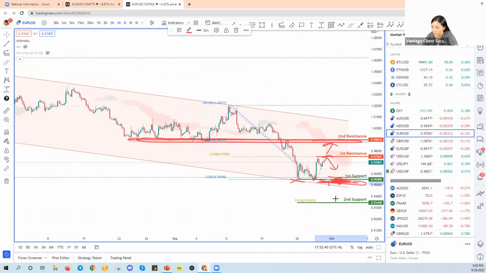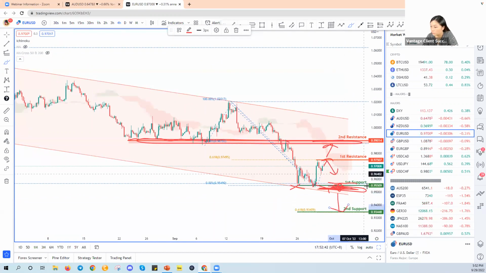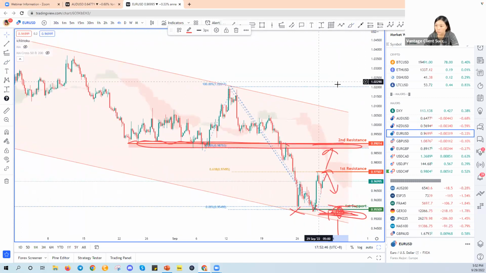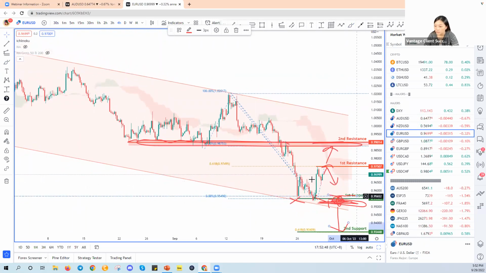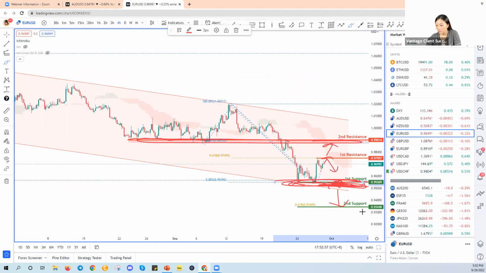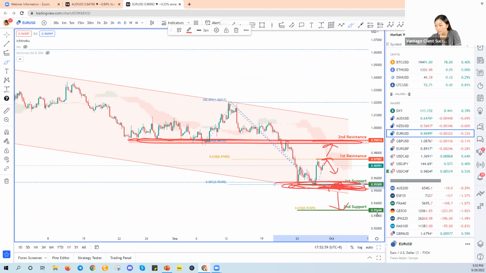If it breaks, then it will definitely come down to my second support in a very strong bearish momentum, because breaking this zone will be very tough, very tedious. So if it breaks, it will come down to my second support at 0.9344, which is my projection level of 61.8.